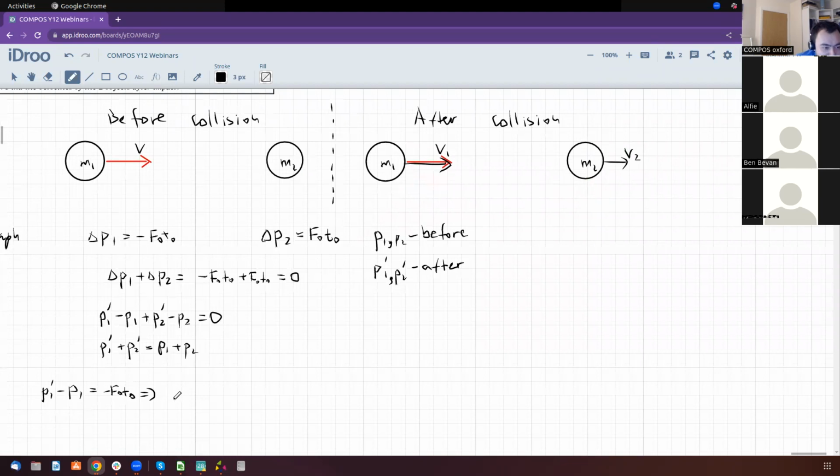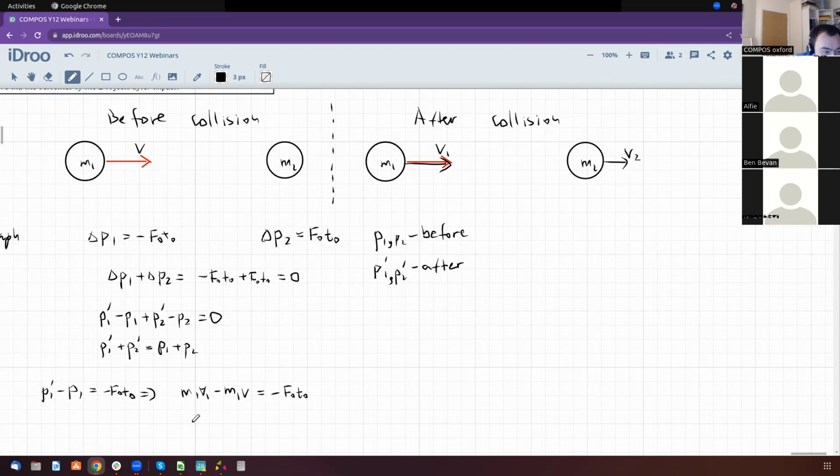And therefore, we can write that M1V1 minus M1V is equal to minus F0 T0, because that's the change in momentum. Final momentum minus initial momentum.